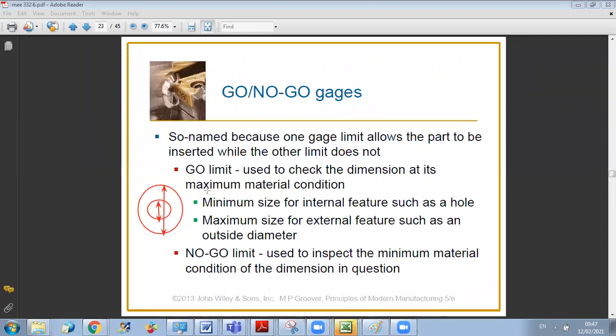Therefore it is a representation of the maximum material condition. On the other hand, the no-go limit is the opposite, because it is used to inspect the minimum material condition, since it will allow us to find the maximum size of an internal feature and the minimum size of an external feature.